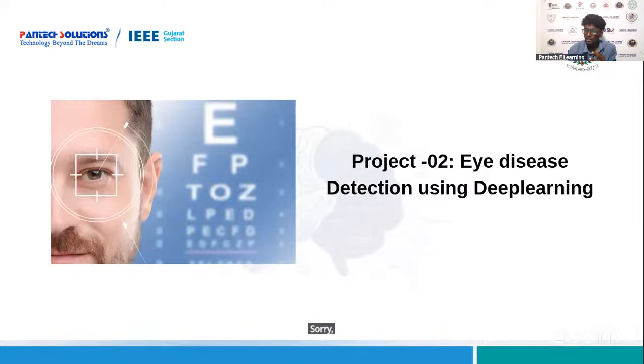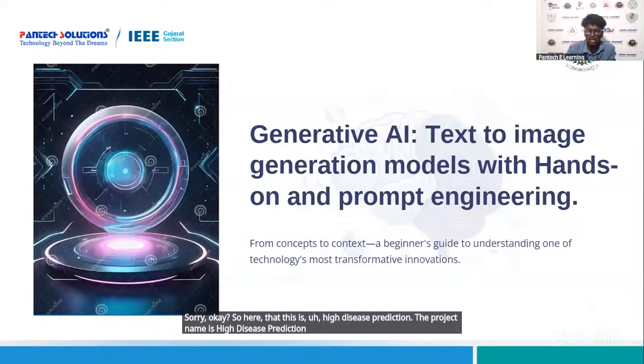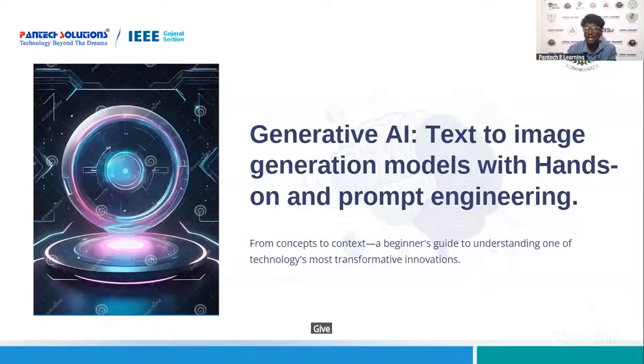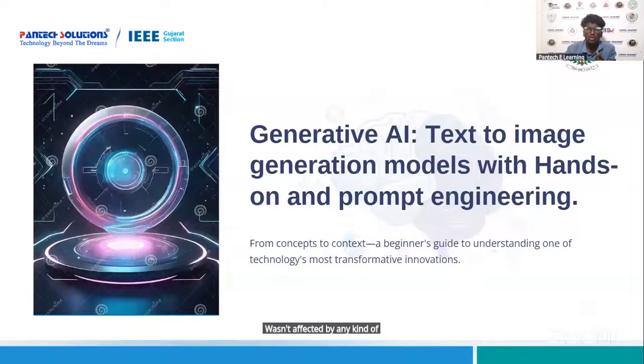The project name is eye disease prediction. Let me give some intro. If a person is affected by any kind of disease, how can the doctor analyze it? Most doctors look at the eye to identify some kinds of disease.